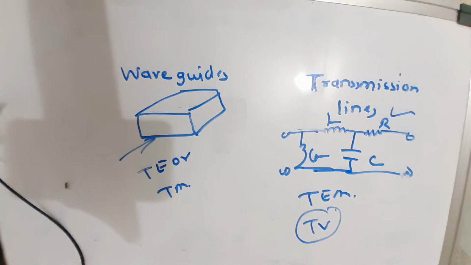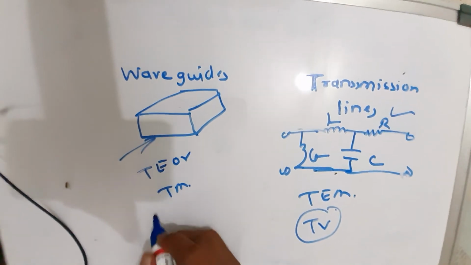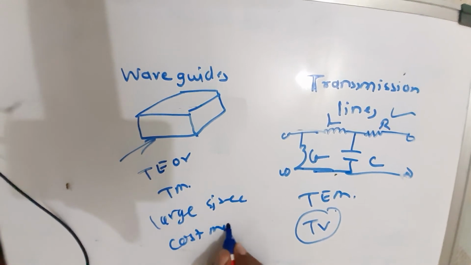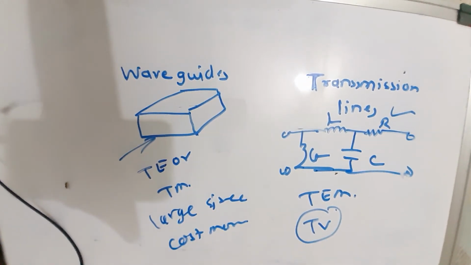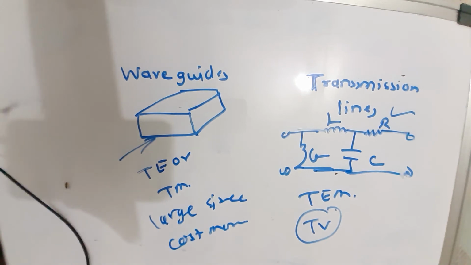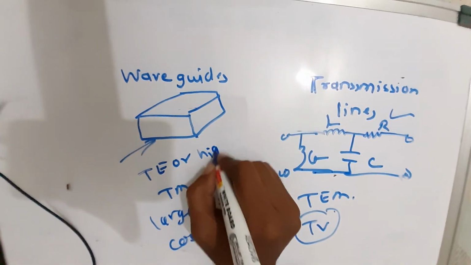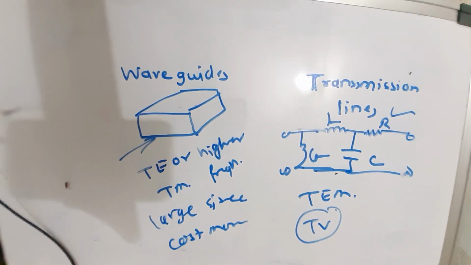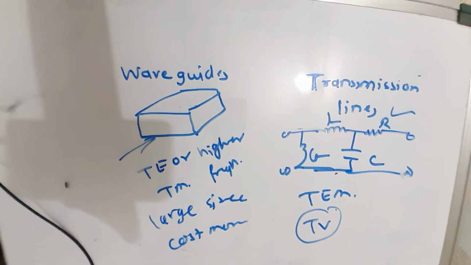Waveguides have a large size and cost is more. For a transmission line the size is large but cost is less. Waveguide will operate at a higher frequency, while for a transmission line there is no cutoff frequency for TEM mode, so it can transmit signals at high frequency also.